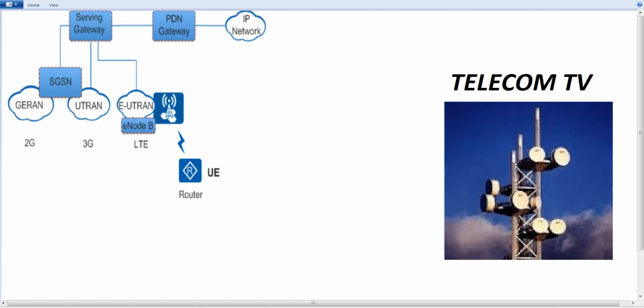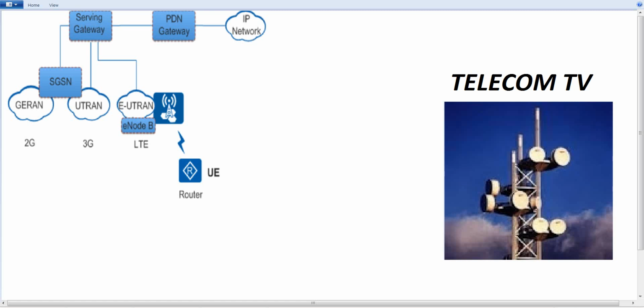The LTE network uses a single-layer architecture that combines the radio network controller, the RNC, and the Node B into what's called the E-UTRAN, and the Node B becomes the eNode B. The eNode B completes the functions on the base stations.